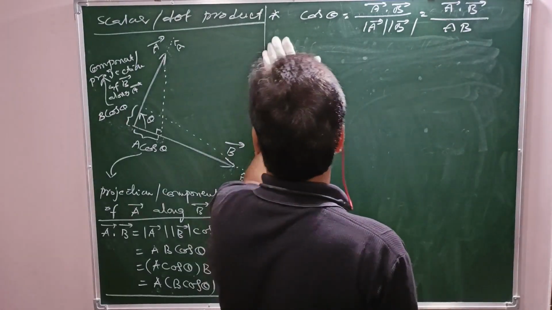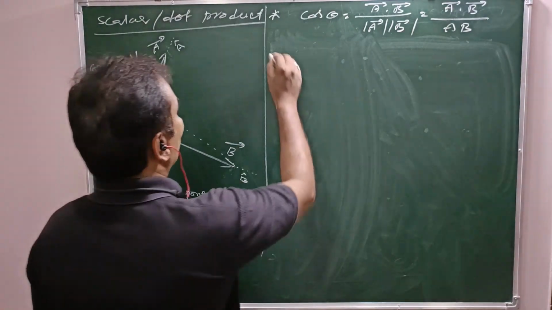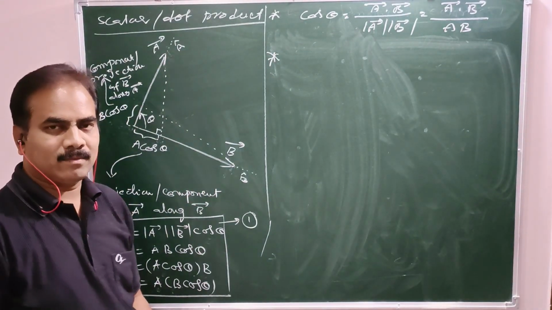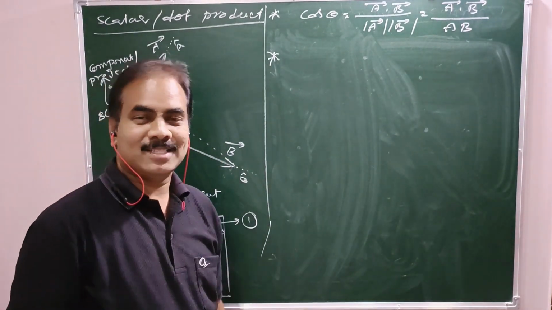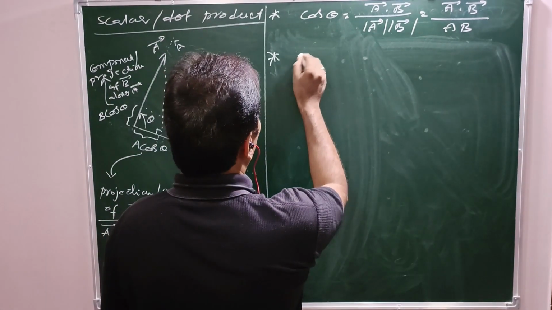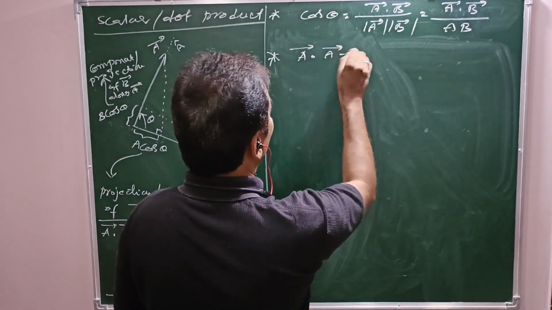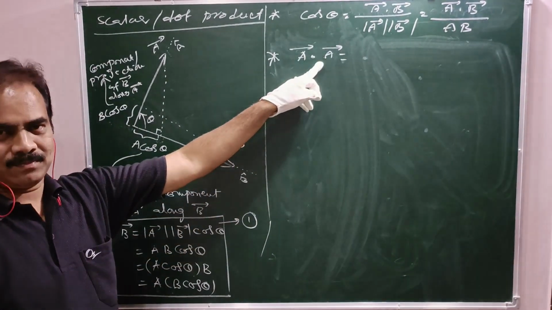Now let us see some more characteristics of the dot product. Suppose the dot product of any vector with itself, means a bar dot a bar, otherwise b bar dot b bar, otherwise c bar dot c bar. A bar dot a bar means both vectors are one and the same.